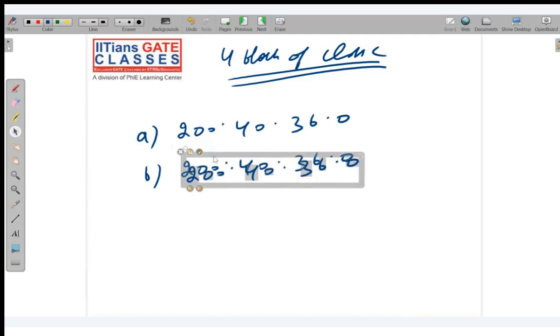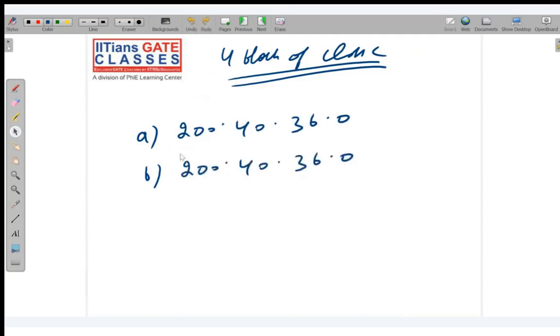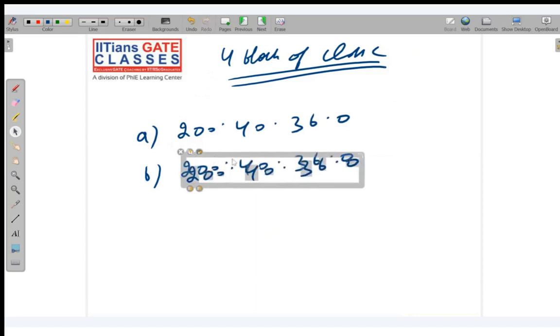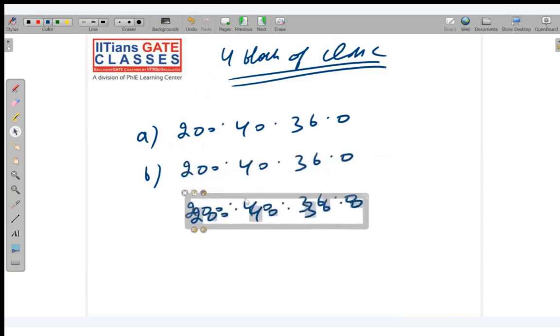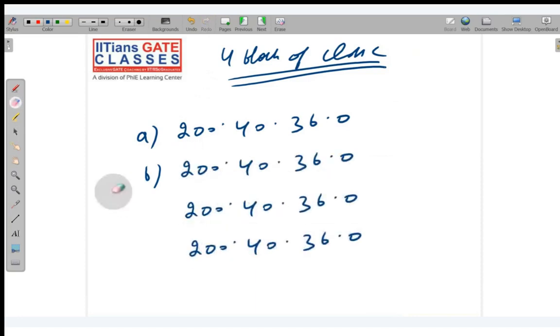Second, third, and fourth. These 4 blocks: 36, 37, 38, 39.